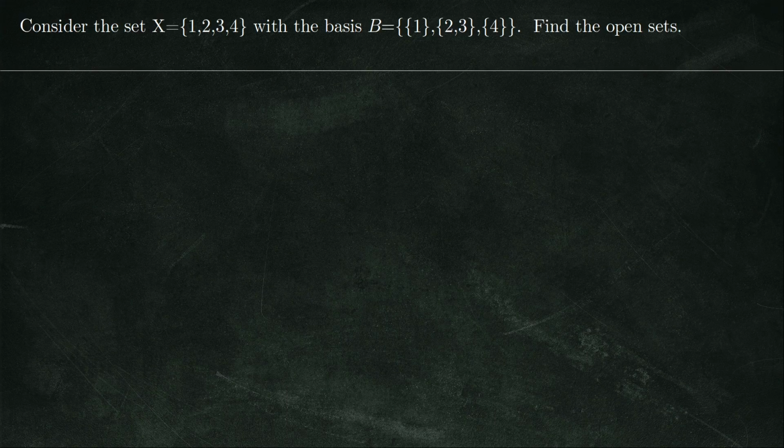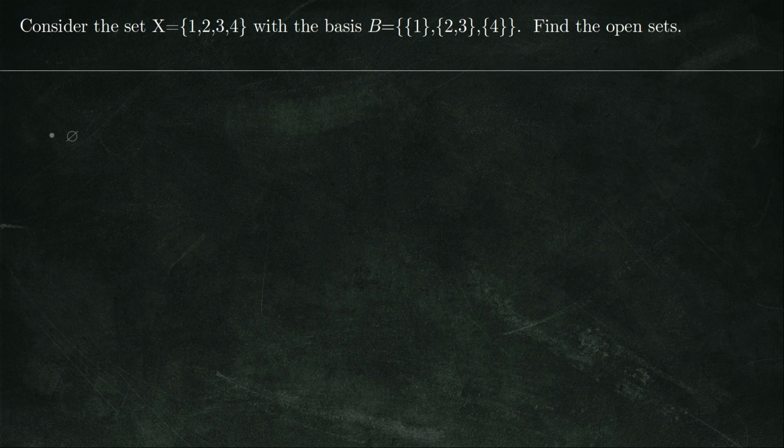So have a go on your own of unioning these and seeing what the topology is, and then come back to the video and I'll go through them. Okay, now you've had a think, I'll go through it.